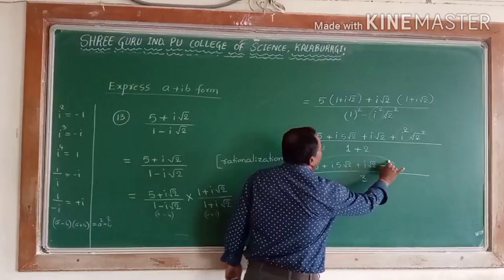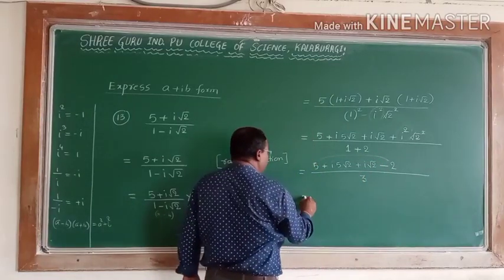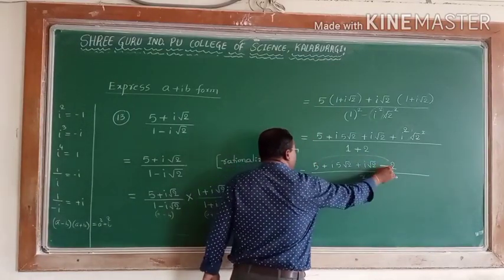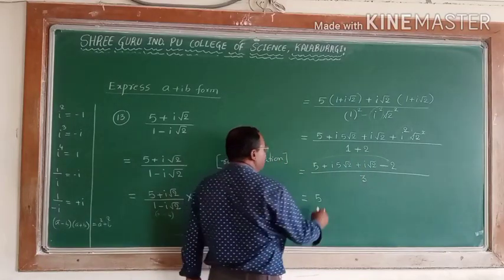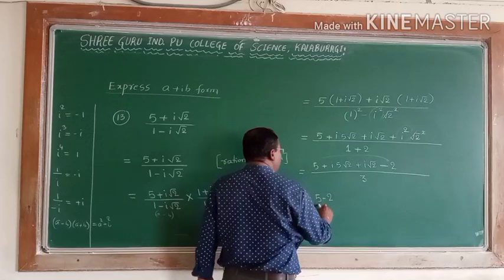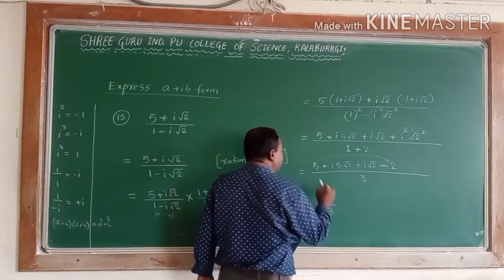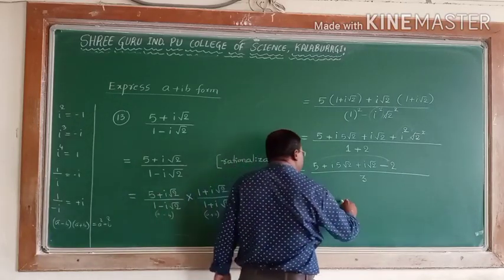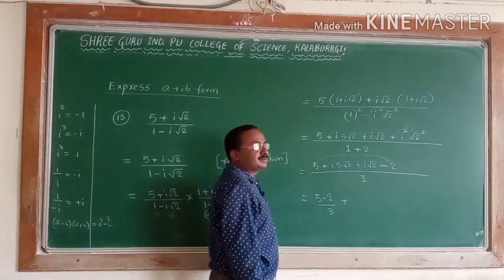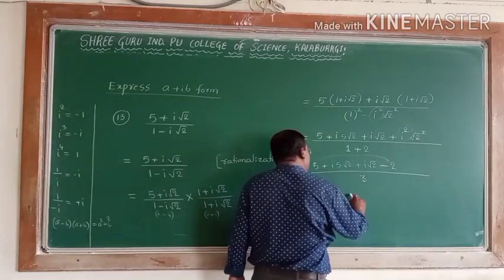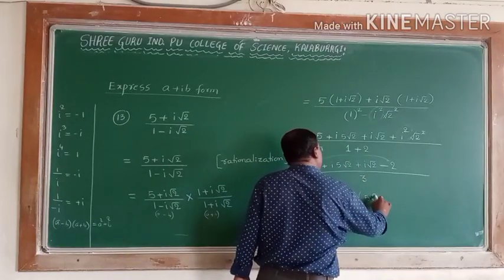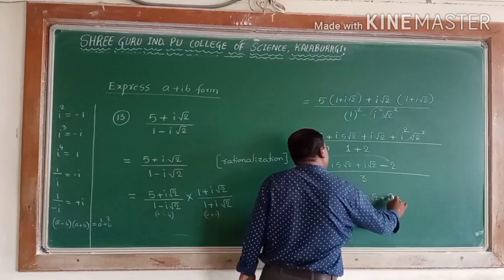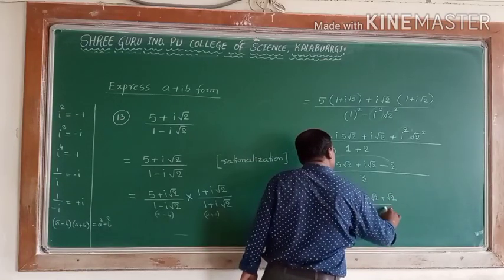Separate the real and imaginary parts. 5 minus 2 is the real part, plus i, taking common, the imaginary part is 5 root 2 plus root 2, divided by 3.